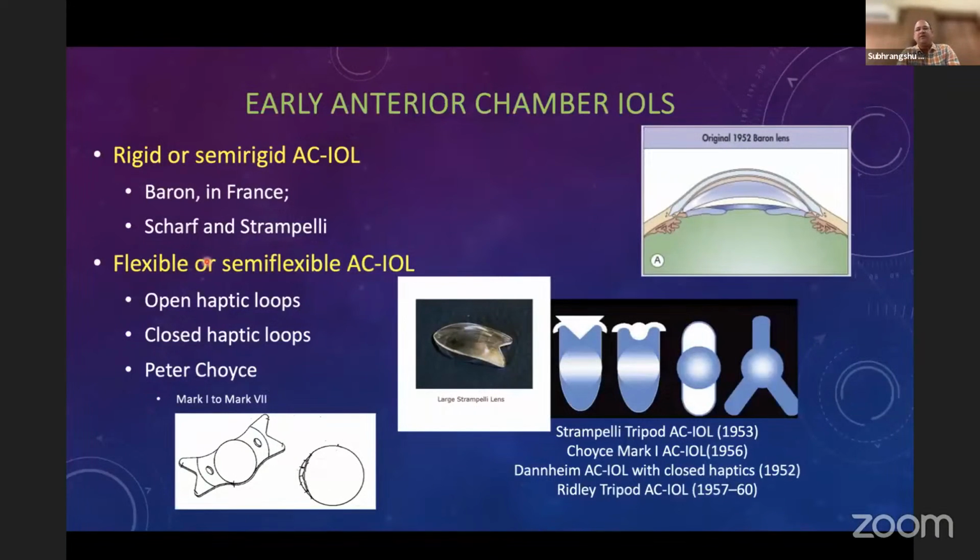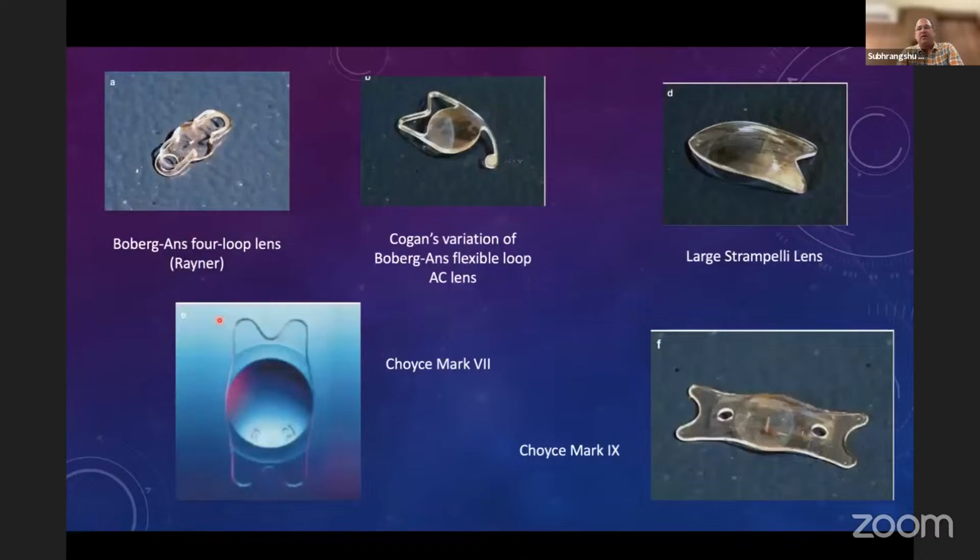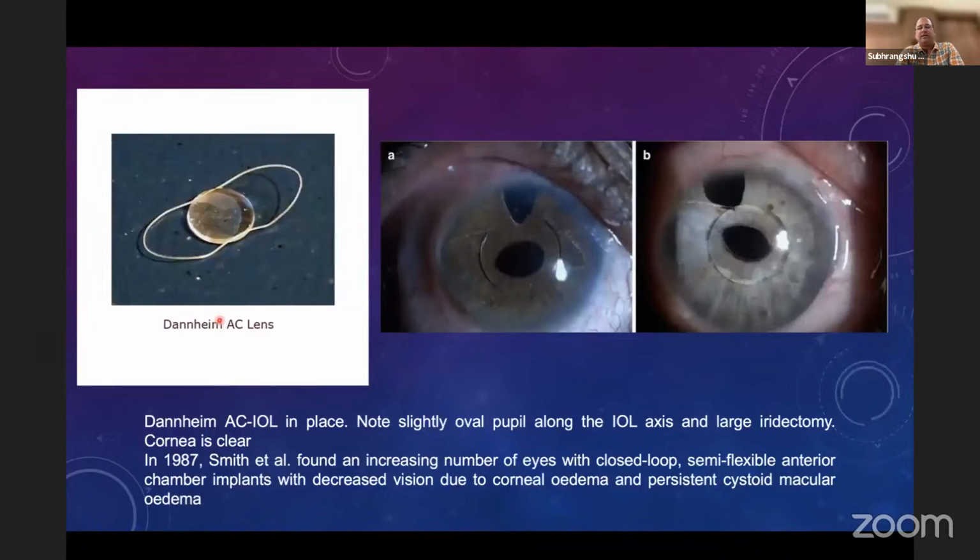So these are a few of the early anterior chamber IOLs, the rigid or semi-rigid ones, as well as some of the flexible ones. For example, this is the Barraquer open loop AC IOL. Then these are all examples of various early anterior chamber IOLs. This is the Dannheim AC IOL.